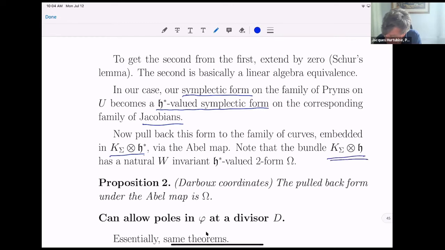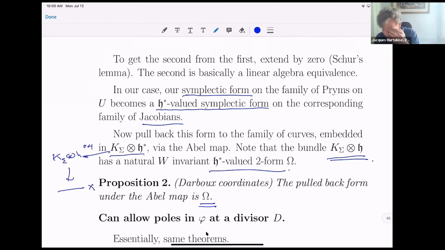And you notice that this bundle has a natural invariant H star valued 2-form. So this is where you get into business. What you're getting is the pullback of this H star valued form under the Abel map, which is just this geometric form on the variety, and the variety is a thing of dimension the rank of the group plus 1 over the base, which is X.